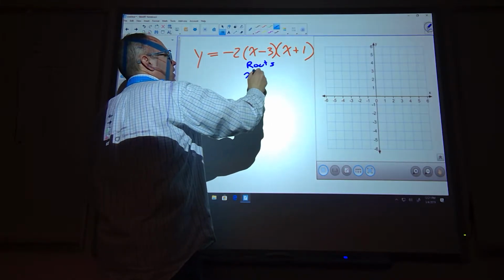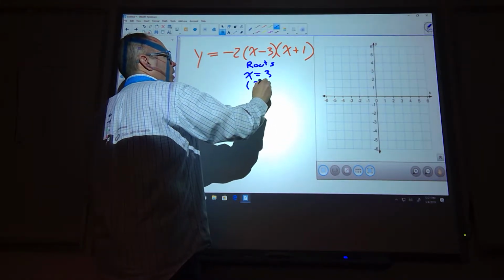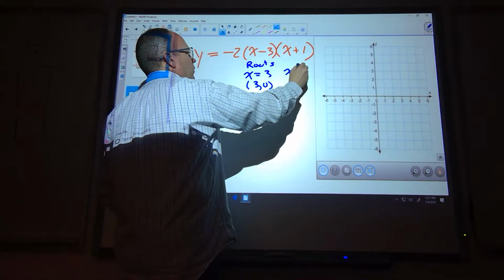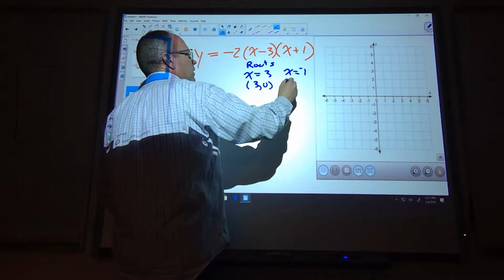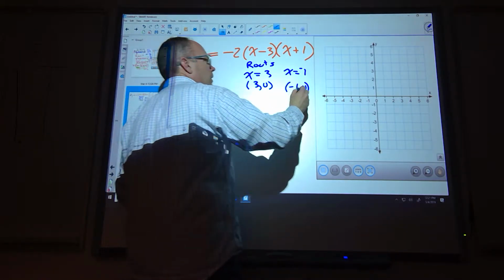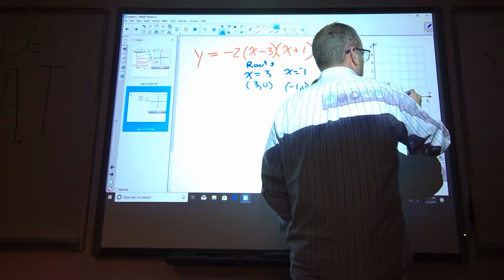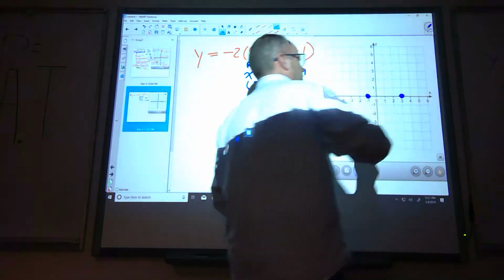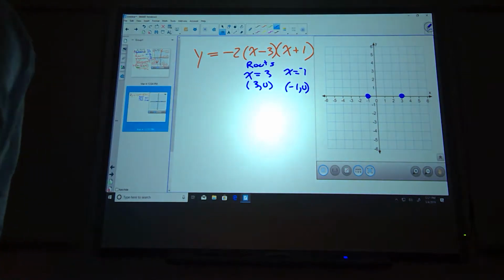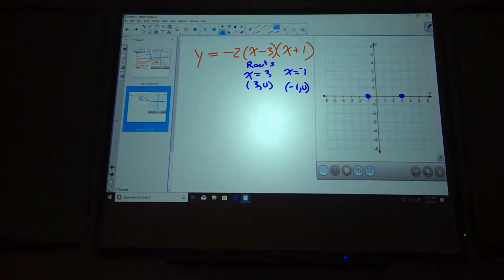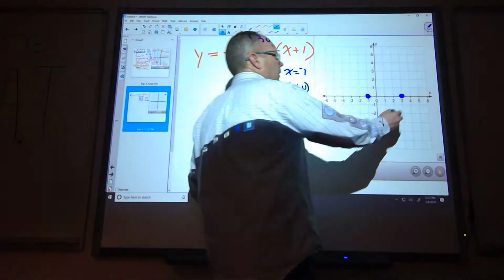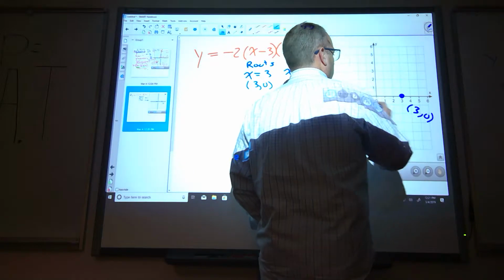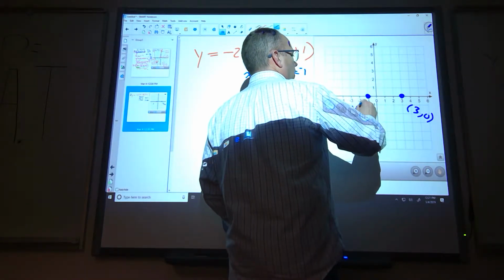So I'm going to say x is equal to 3, so that's 3 comma 0. And x is equal to negative 1, so that's negative 1 comma 0. If it's already broken down, it'll tell you where it's going to cross the x-axis as roots. So that's 3 comma 0, and that's negative 1 comma 0.